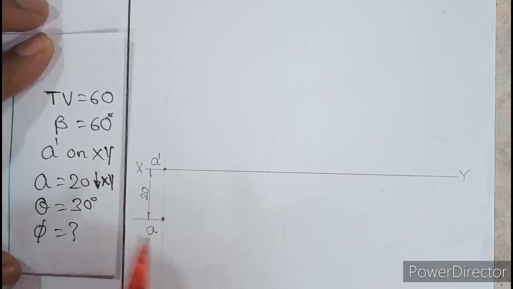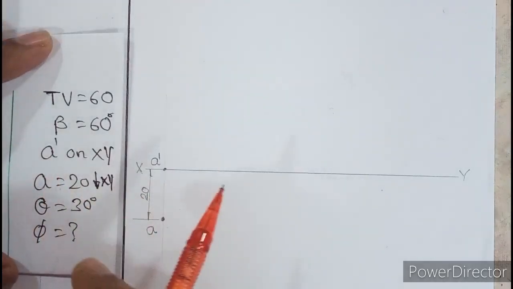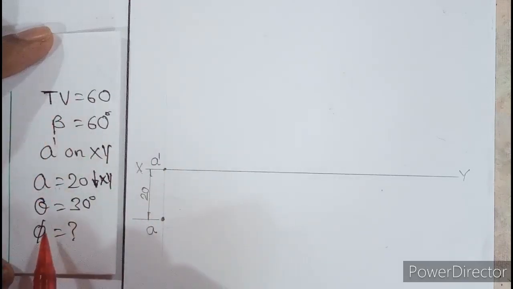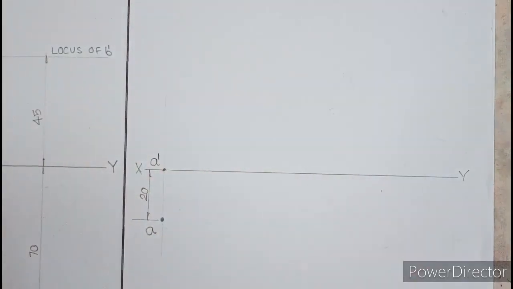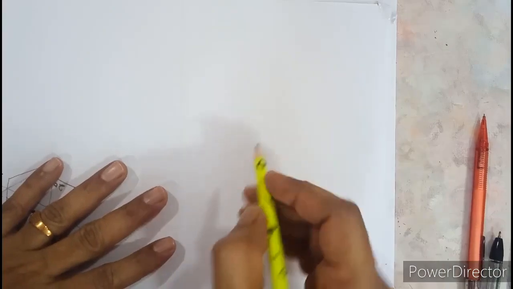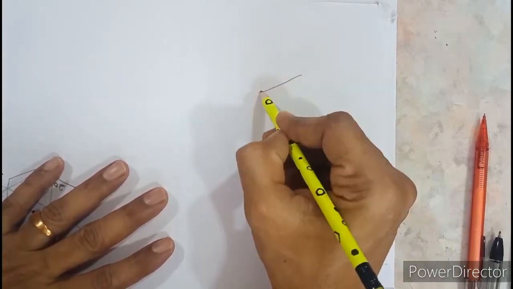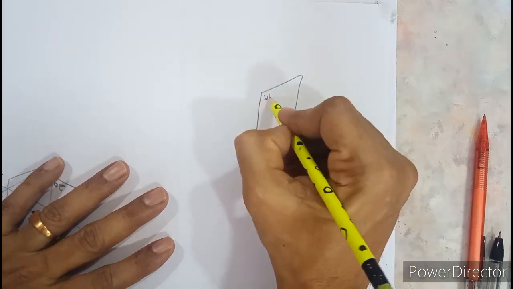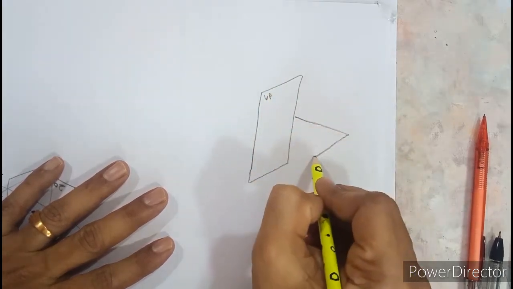Okay, after A dash and A is done, now they have not mentioned anything about B. Where is point B? So here comes a new concept what you have to learn. The thing is like this. So in projection of lines chapter, this is our vertical plane and this is horizontal plane.